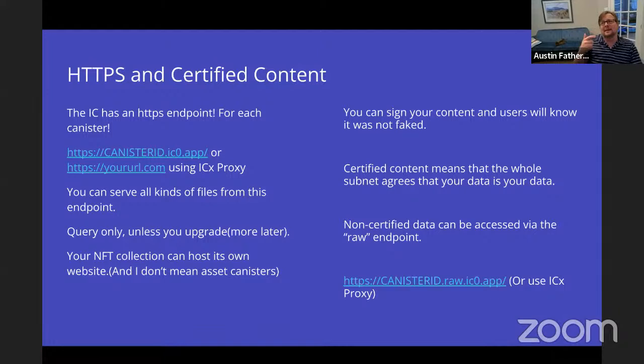Because if you're building dynamic content, you have a timestamp, there's no way to certify it before it comes back to the user. So if you have a page that's constantly changing with dynamic content, the likelihood that that's going to be certified is low, because you'd have to certify a potentially infinite number of things, and that takes cycles.